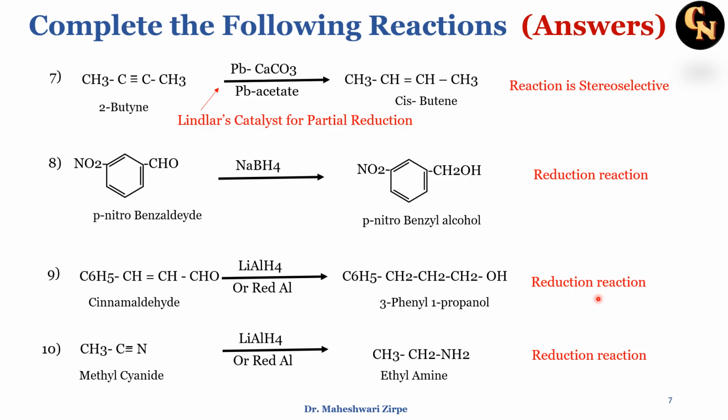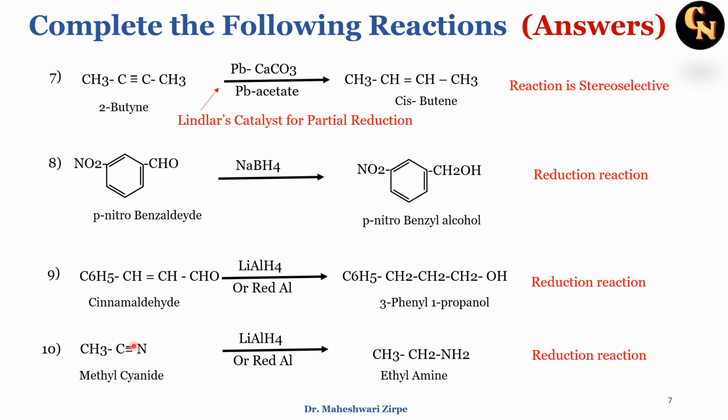So again it is a reduction reaction. Then the 10th reaction, complete the following reaction, is CH3CN, methyl cyanide or methyl nitrile. Again, lithium aluminum hydride, being a strong reducing agent, is going to reduce your cyanide group to amines.